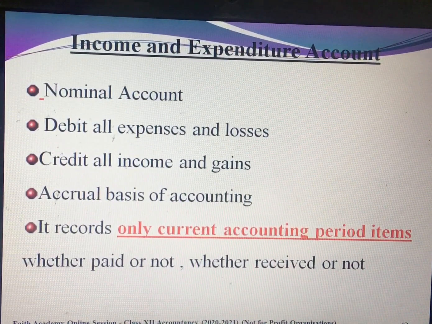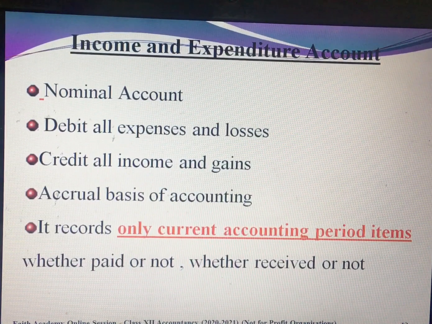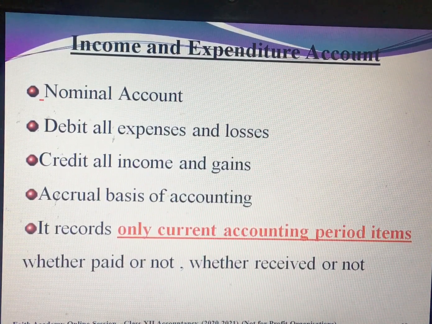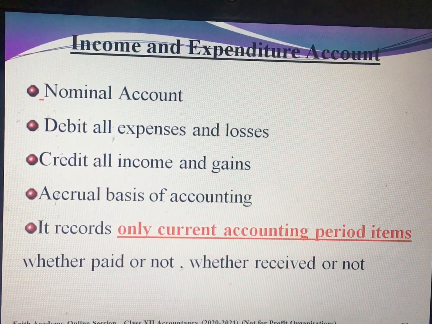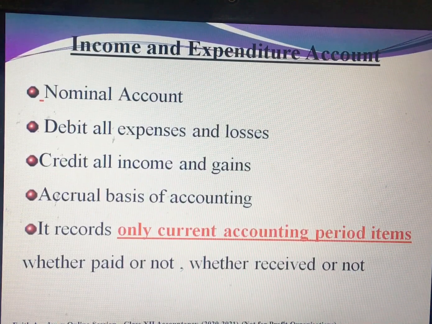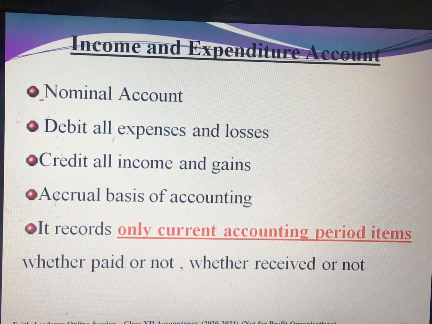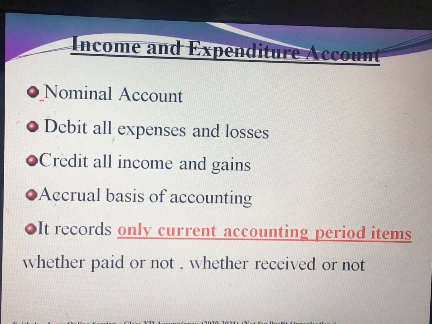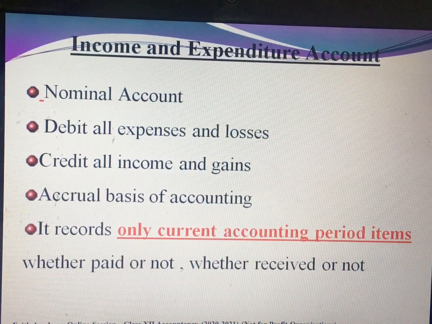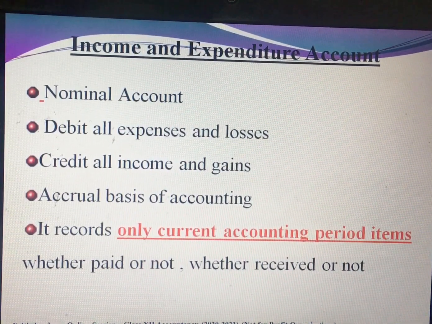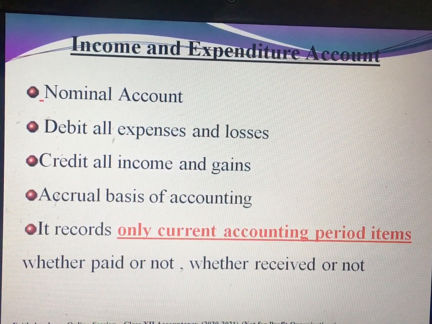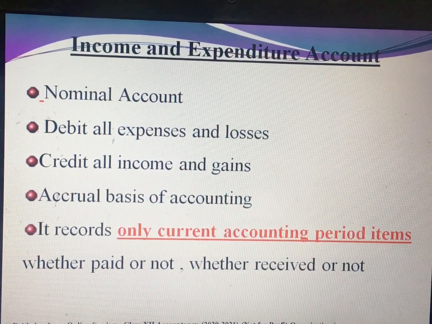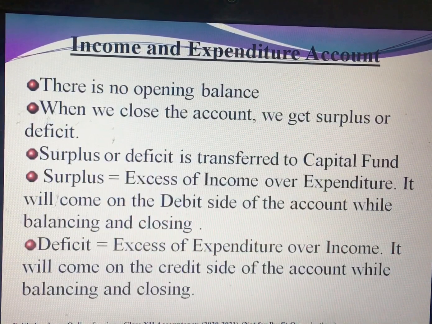Okay, this account maintains itself on accrual basis of accounting. Accrual basis of accounting means it records only current accounting period items, whether paid or not, whether received or not. Okay, all the accrual concepts of prepaid, outstanding, received in advance, paid in advance are going to be taken into consideration when we talk about income and expenditure account.